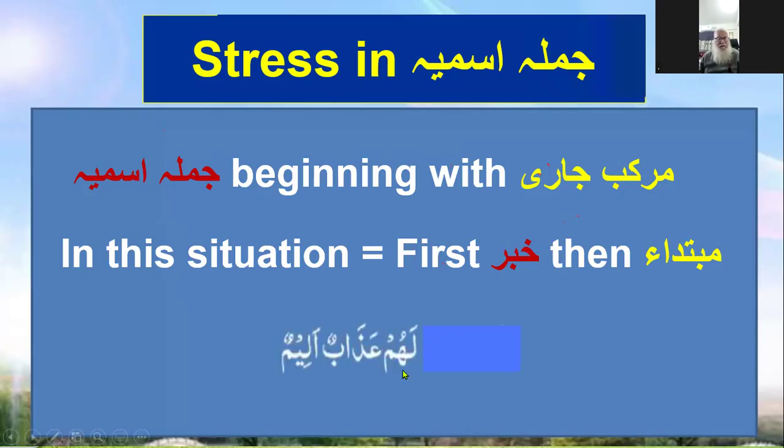Just like the example, lahum azabun alim. Lahum is a jar majroor. It comes in front, but it can never be a mubtada. So the mubtada is azabun. What's alim? It's a sifa of azab. So we will say shibe jumla khabar muqaddam.